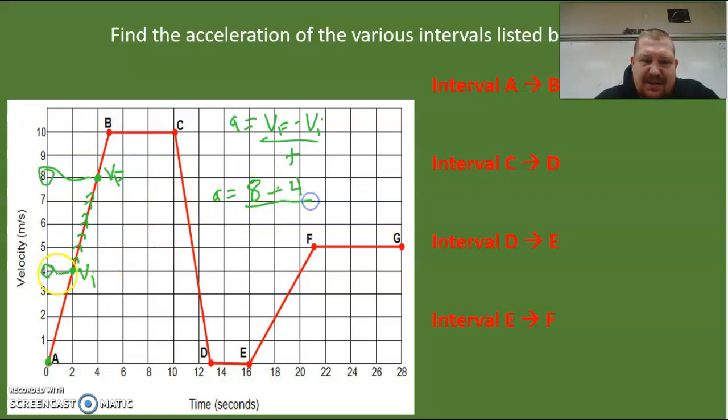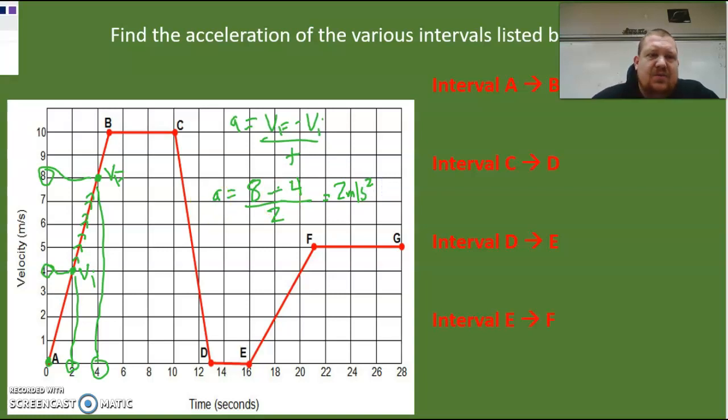And then I need the time it took to get there. I started at 2 and ended at 4, so that's 2 seconds. 8 minus 4 is 4. 4 divided by 2 is 2 meters per second squared, or meters per second per second.